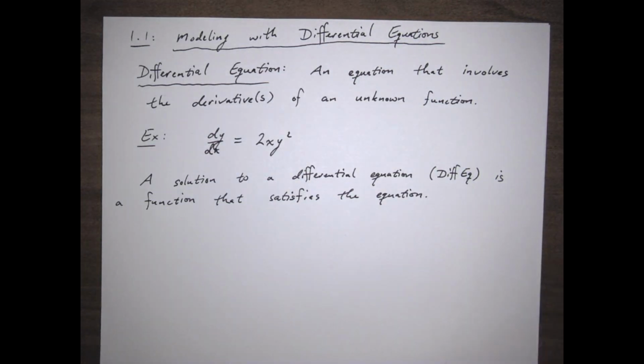Now, a function that satisfies it implies that there may be more than one, and that is in fact the case. For a differential equation, in general, there will be an infinite family of solutions, and those will have constants that will serve as parameters.